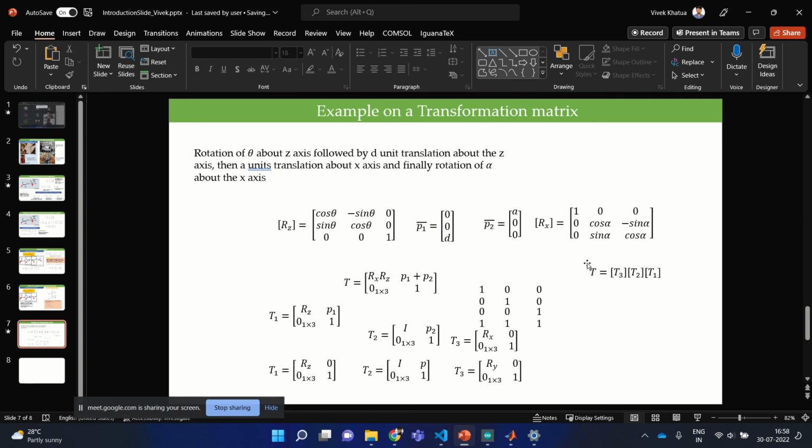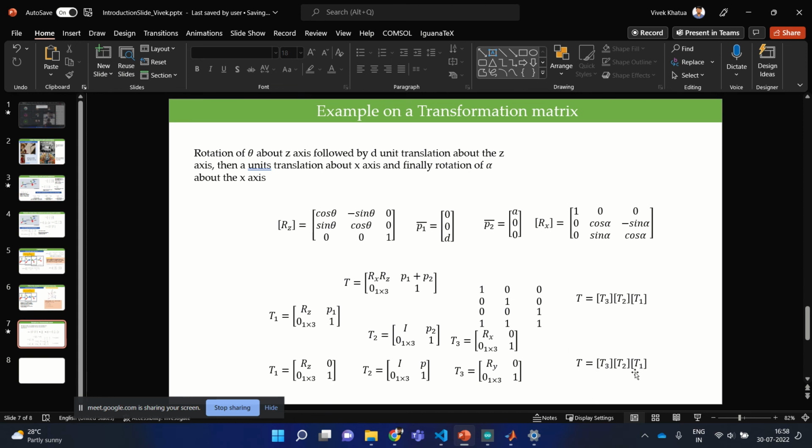Again, you would get your resultant transformation matrix as a multiplication of three matrices. First you have done T1, then T2, then T3, then you get the composite transformation matrix.